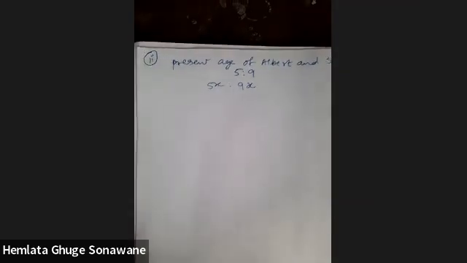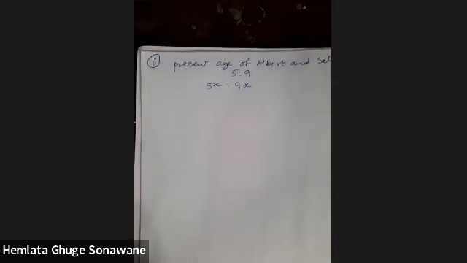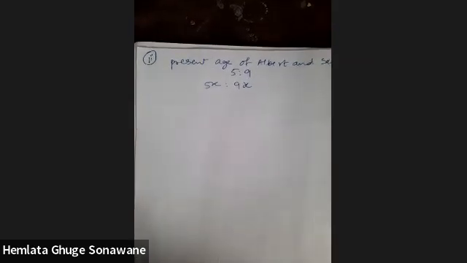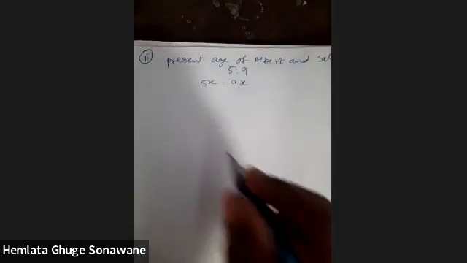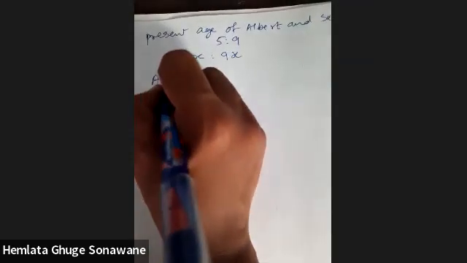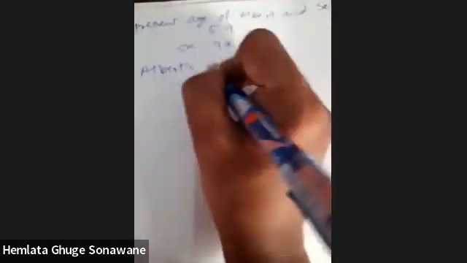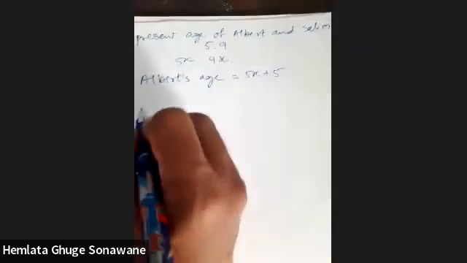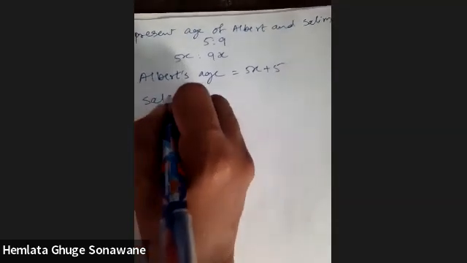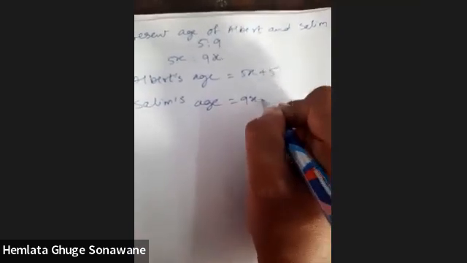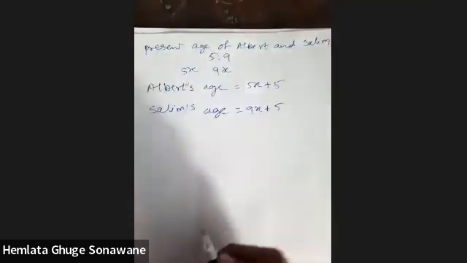Okay. Now what is said? Five years hence, the ratio of their ages will be 3:5. So what we'll do? We'll add 5. So Albert's age will be 5x plus 5 and Salim's age will be 9x plus 5.